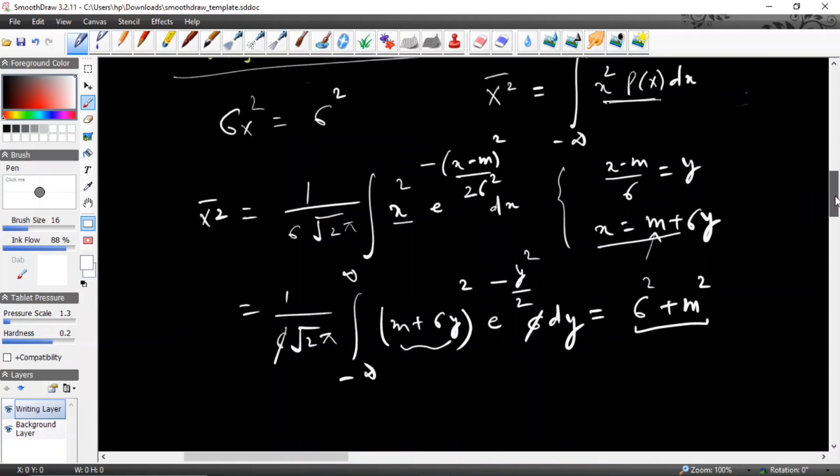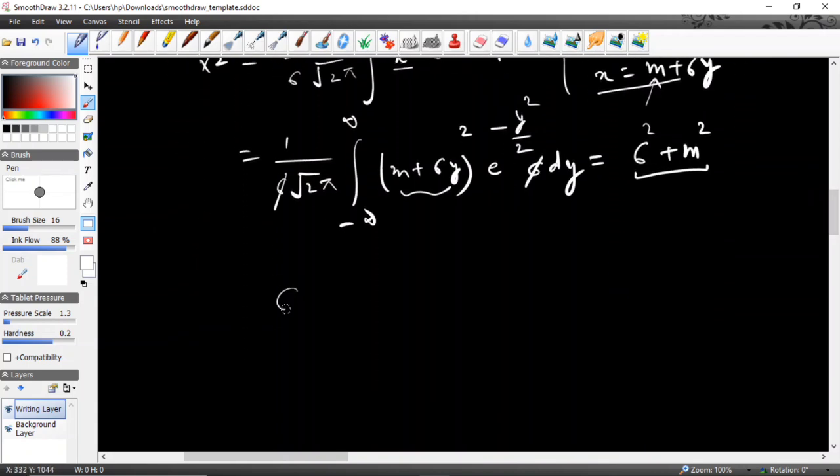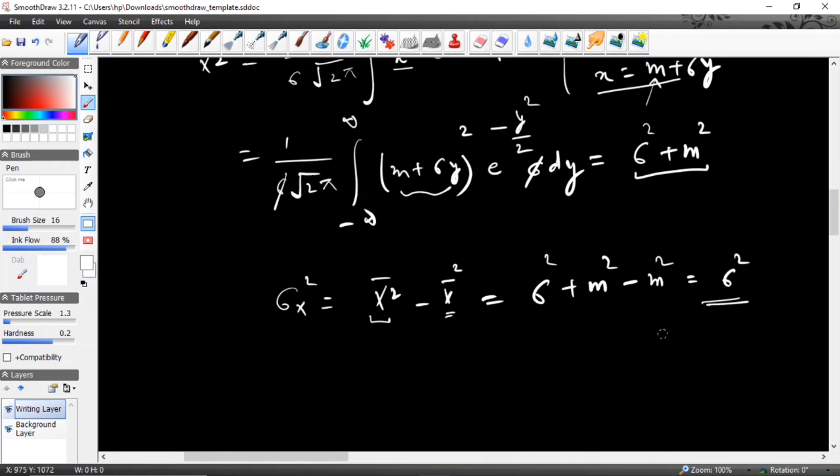And if you find the variance sigma x square, which is the mean square value minus square of the mean, the mean square value will be this sigma square plus m square, and the mean value is m, so minus m square, so it becomes sigma square.